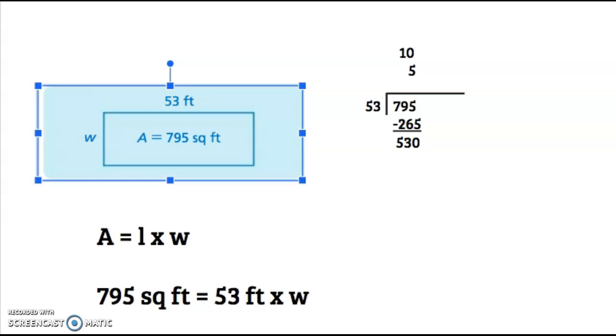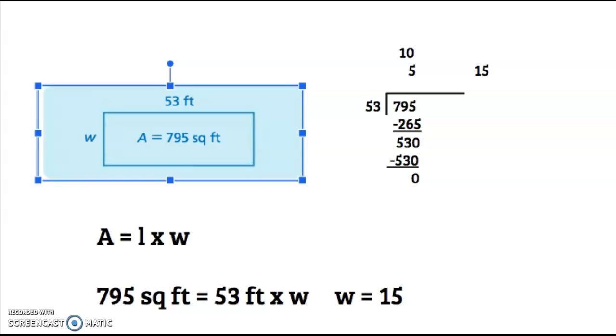So that would be 530. So I know that I can use 10 and then 5 to get my answer. So when I subtract 530 minus 530, I have 0.